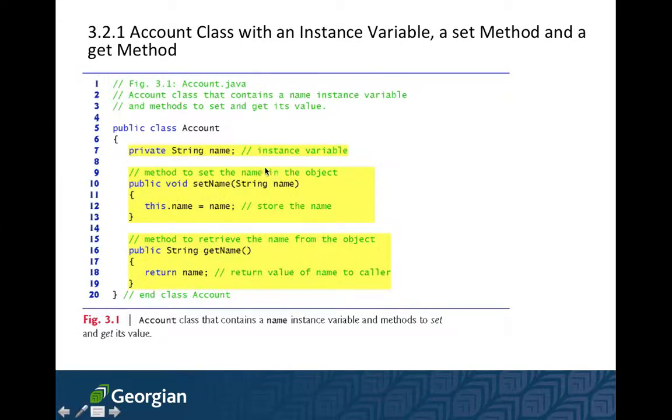In setName, a string name comes into the class, and what we're doing is setting this.name equal to the name from the string. The this.name is going to accept the value of name that's incoming from where the class is called. What do I mean by that?